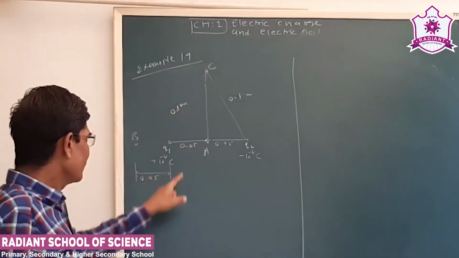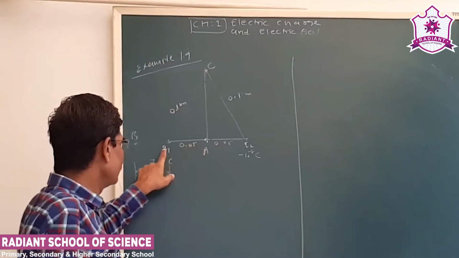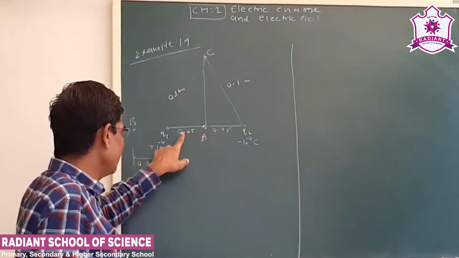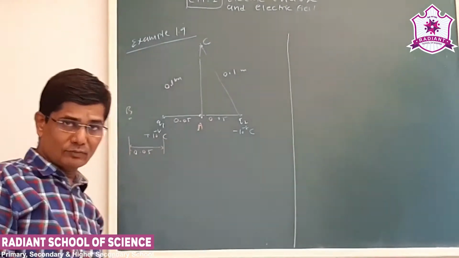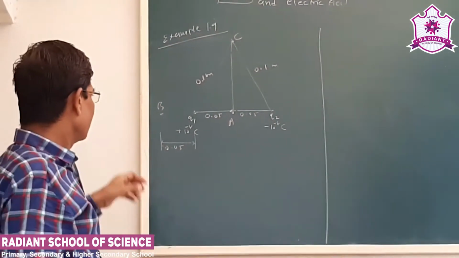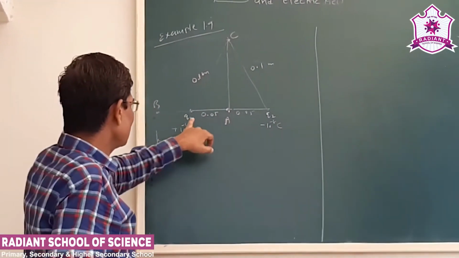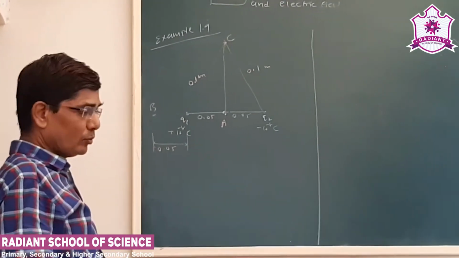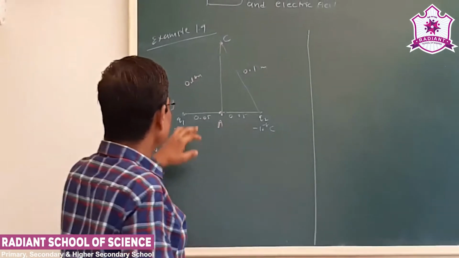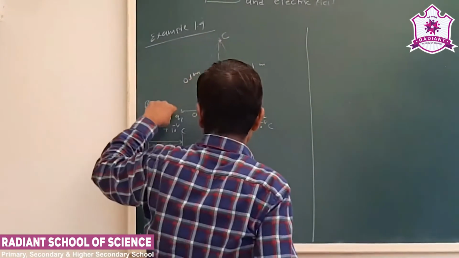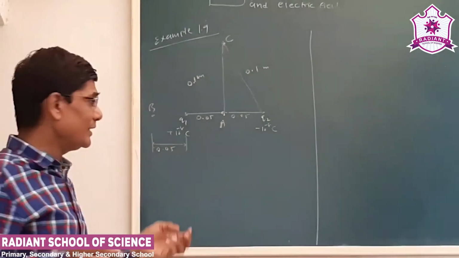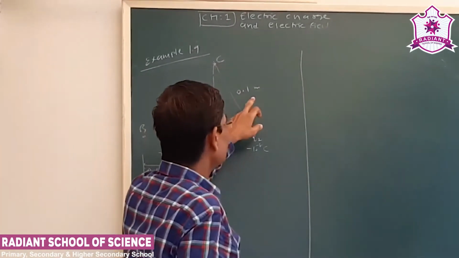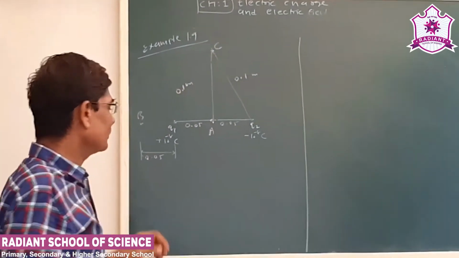Now you see, the distance of A from Q1 and Q2 is equal, that is given 0.05 meter. Point B is at a distance of 0.05 meter from charge Q1, and point C is equidistant from Q1 and Q2.